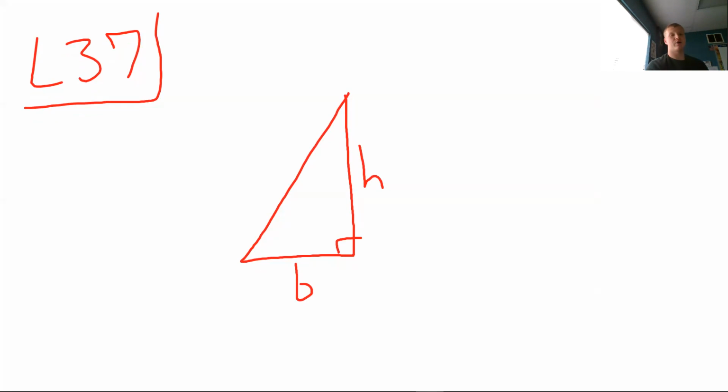And then does anyone know what this edge right here is called? We have not learned about it yet, but once I say it, you might say, oh, I've heard of that before. Yeah, Madeline? No, you're thinking of a square or a rectangle.